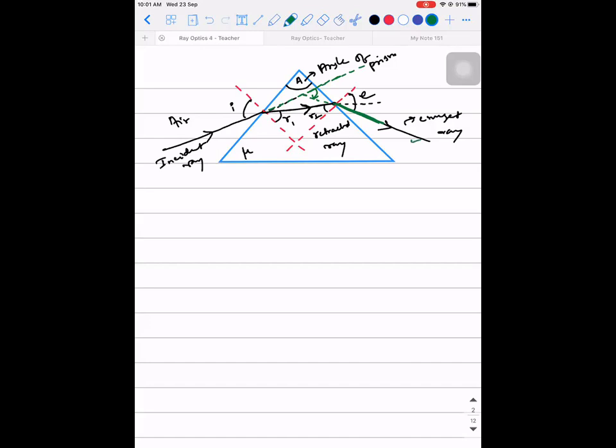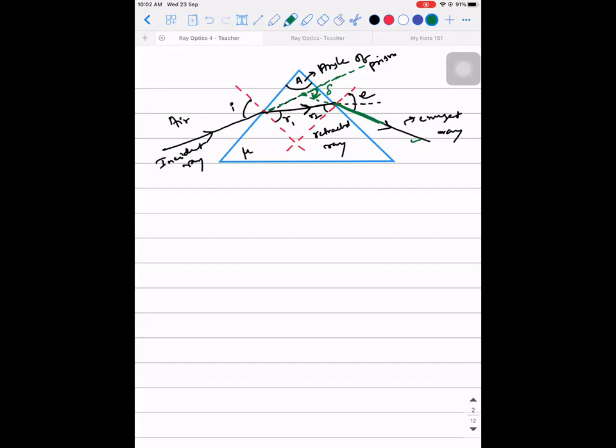So when I retrace the emergent ray in the backward direction, there will be one point where the original ray, the incident ray and the emergent ray are meeting. There, I am able to see that there is a slight turn that has taken place to the actual path of the ray to finally come out from the emergent side. So this angle in this scenario is what is called delta.